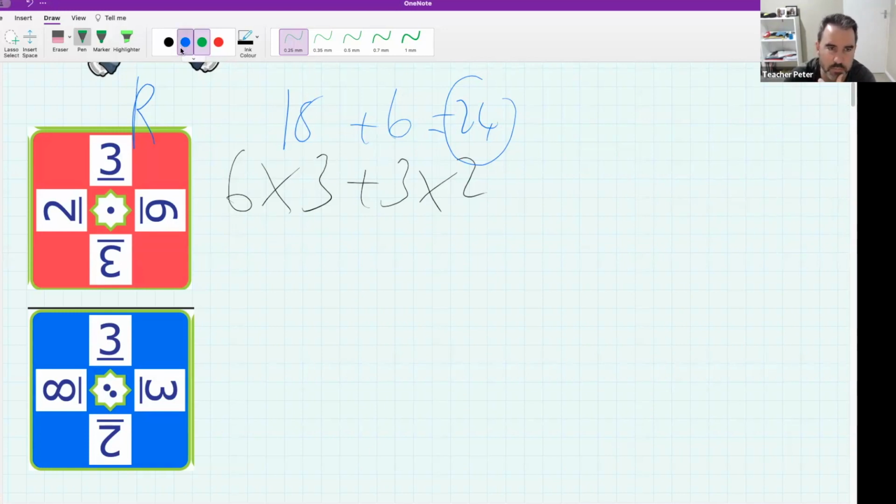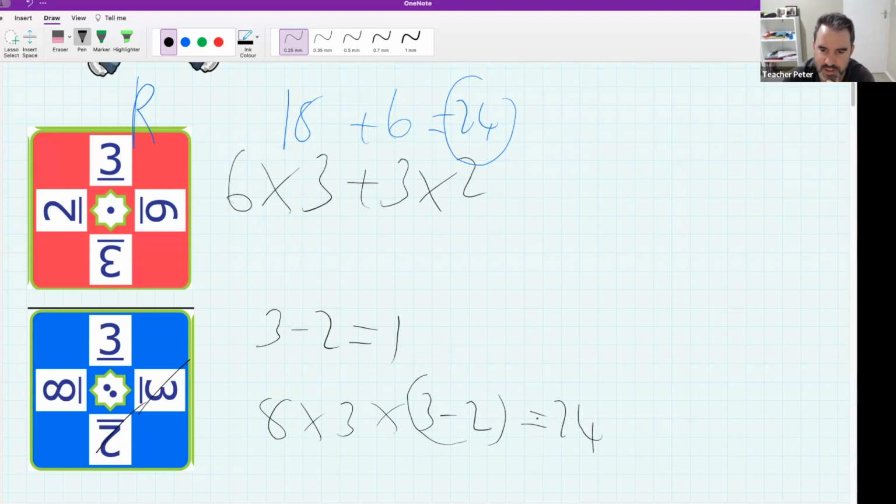Can anyone do the blue one before I steal the thunder? So I was going to go 3 minus 2 is 1. And from there, what do I do? Yes. 8 times 3 times exactly. So Ronnie, you are definitely our Maths 24 champion for today.